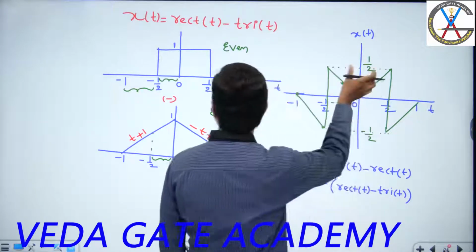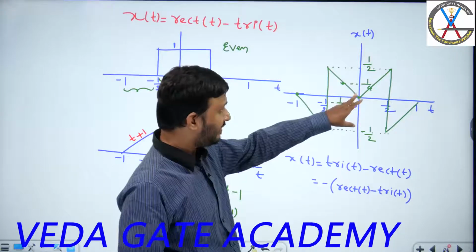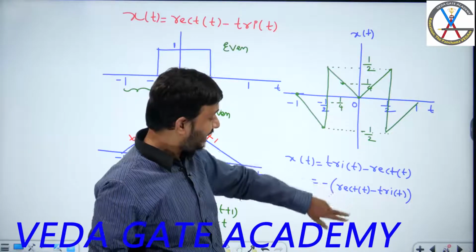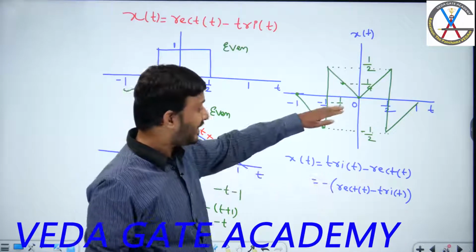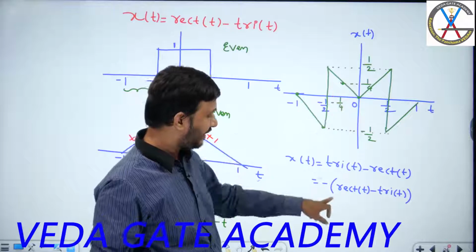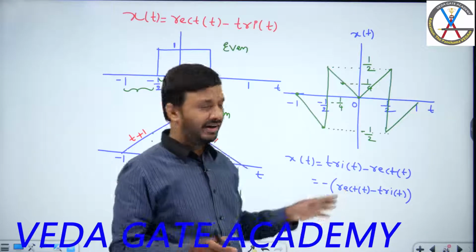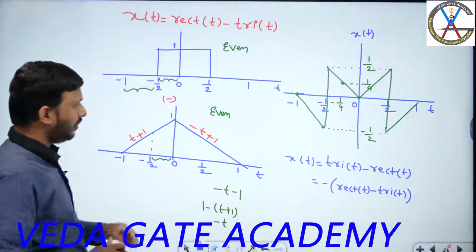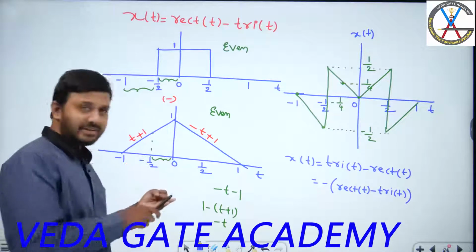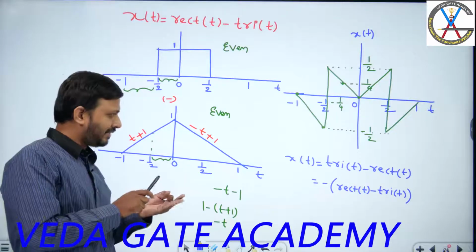So already we have rect t minus tri t. For this signal, take a 180 degrees phase shift. Taking the 180 degrees phase shift means taking the mirror image along the horizontal axis. Take the mirror image along the horizontal axis for this signal, and you get tri t minus rect t. It is as simple as that. So rect t plus tri t we calculated, rect t minus tri t we calculated, tri t minus rect t we calculated.